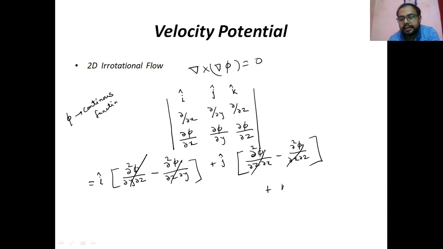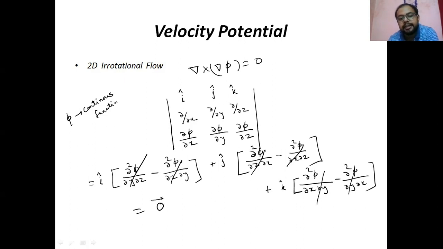So ultimately it is the null vector. The k component is del square phi del x del y minus del square phi del y del x, which is also the same. So ultimately, this becomes a null vector. So it matches with the irrotational concept.